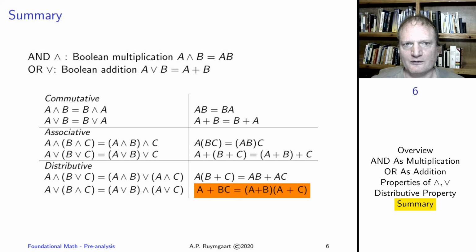And we saw the OR operation as addition, and we can write A or B as A plus B, just keeping in mind what set we're operating on. In this table, we're summarizing the properties of Boolean operations, and I've highlighted here where these properties are different from those of natural numbers, and that was the fact that the Boolean addition distributes over multiplication, unlike natural numbers.